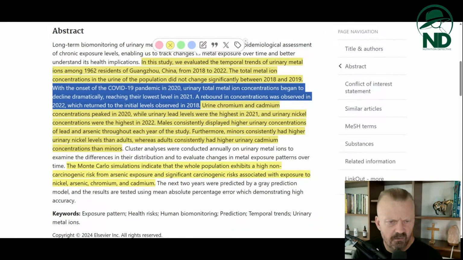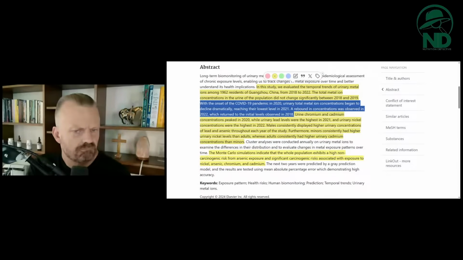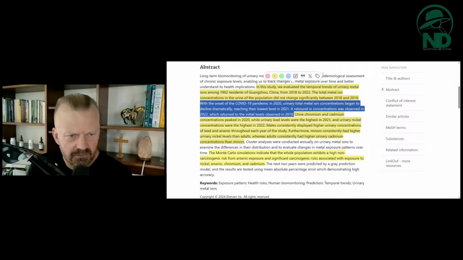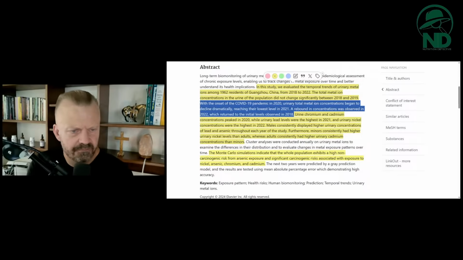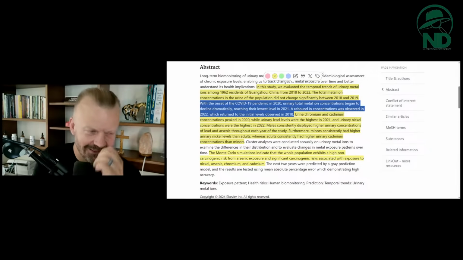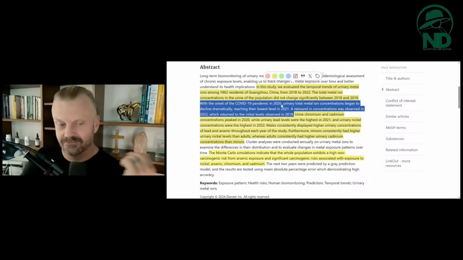The urine went down. How could that happen systemically among 1,900 people? What was actually going on? Did they suddenly have their nickel pulled away from them and then they started going into the low nickel detox dumping? I don't know.